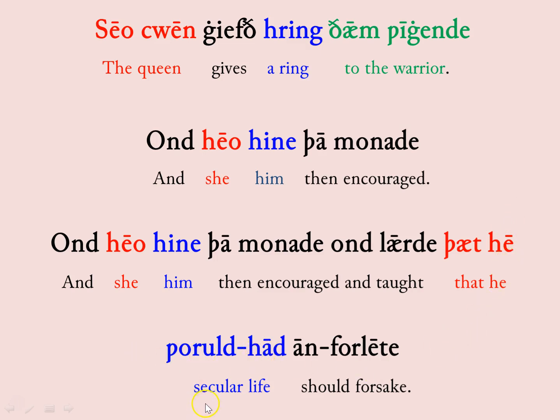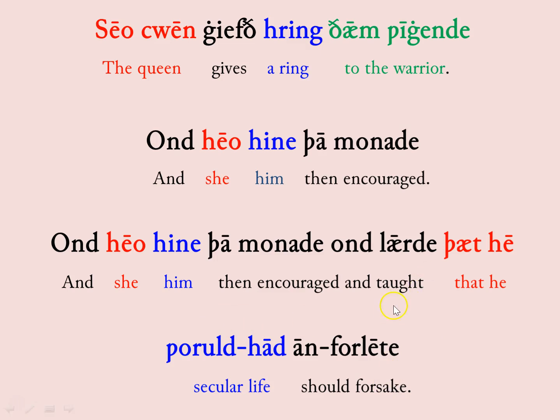Warled hard is in the accusative and stands for secular life. And here, an for later is the verb because it should forsake. So we can see that, and she, him, then encouraged and taught that he, secular life, should forsake. So she taught and encouraged him to forsake the secular life.